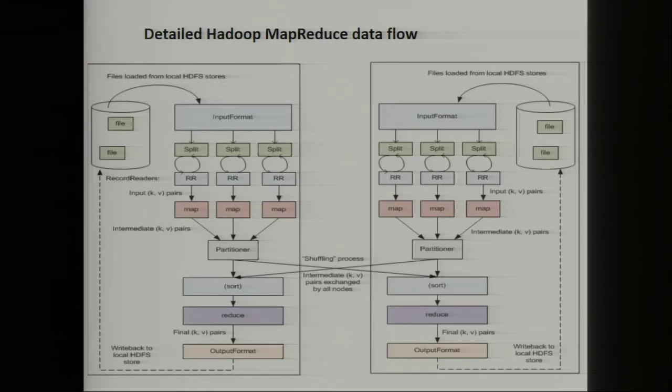The major point is that after partitioning we sort here, and this is where the intermediate key-value pair is generated. Intermediate key pairs are exchanged by all nodes, each having a particular task which has to be worked out.